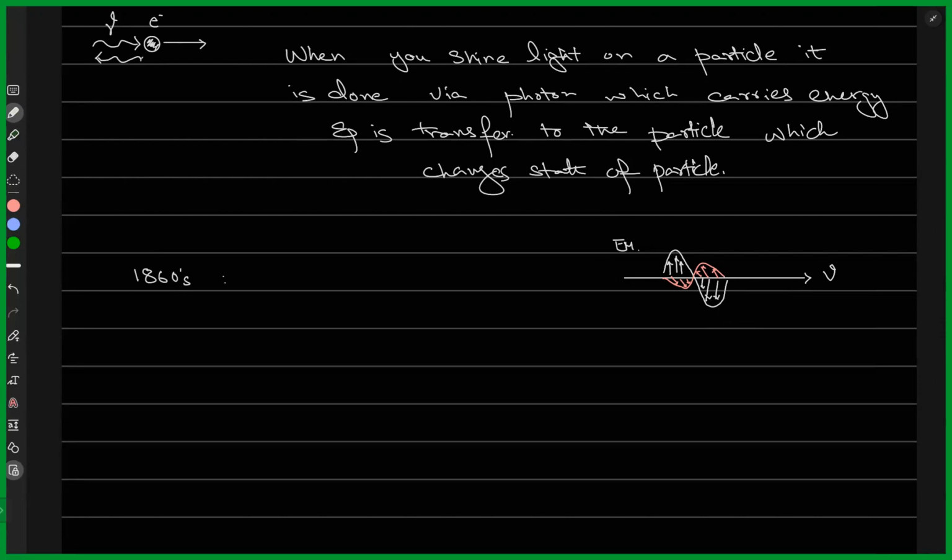Well, a lot of experiments happened, and all of those supported this idea that light is an electromagnetic wave. So it was proposed in the 1860s that light is an electromagnetic wave.